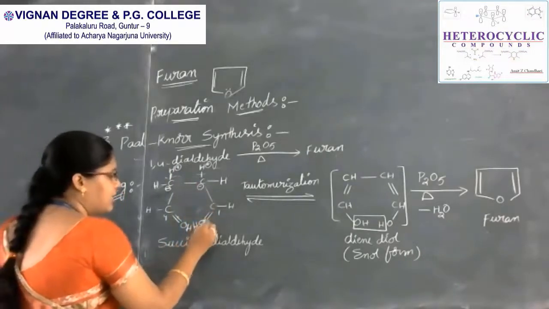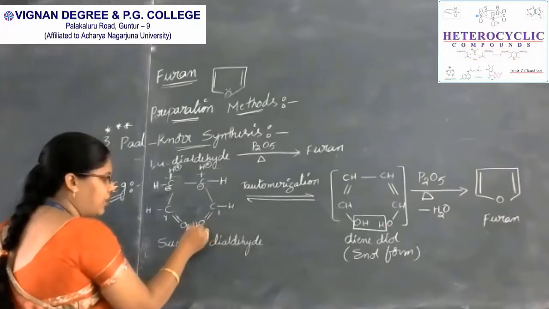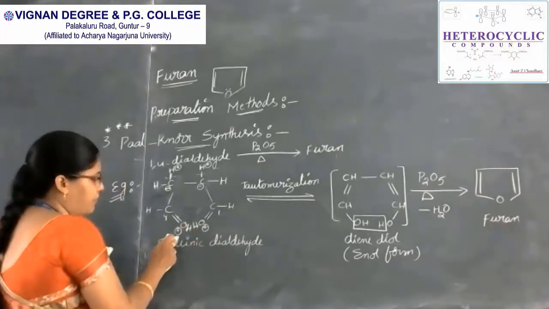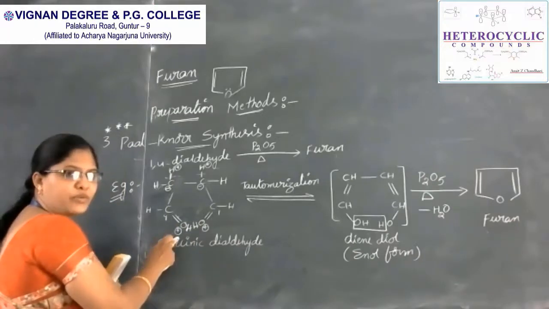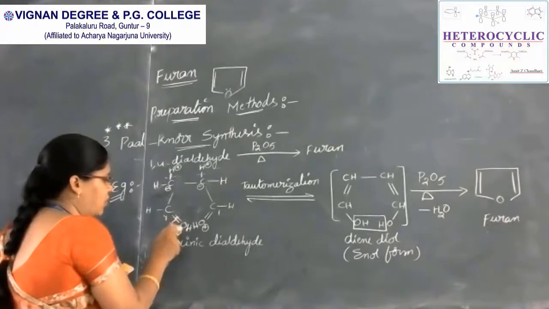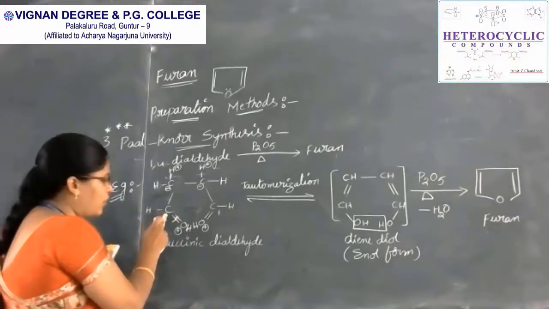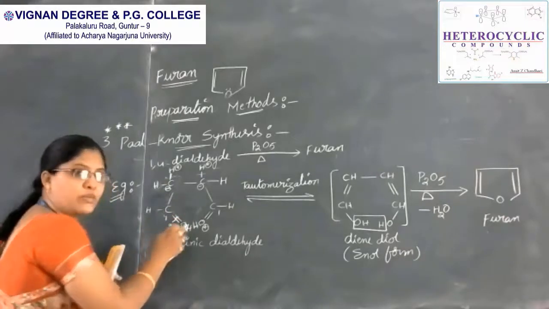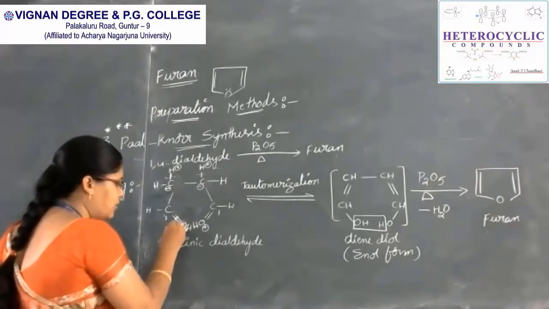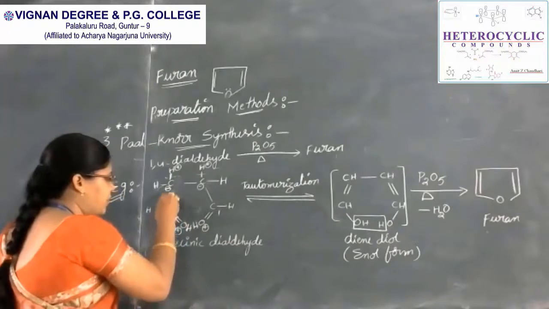Then here oxygen is having three bonds, so it gets a positive charge. For getting stability, it removes its positive charge. The bond is broken between oxygen and the carbon atom. Oxygen is more electronegative than carbon atom, so oxygen gets a negative charge and carbon gets a positive charge.